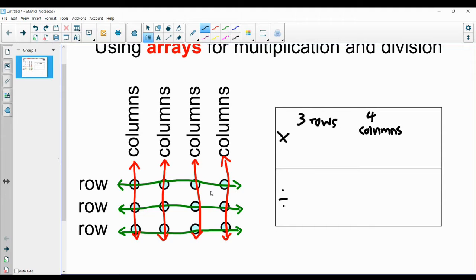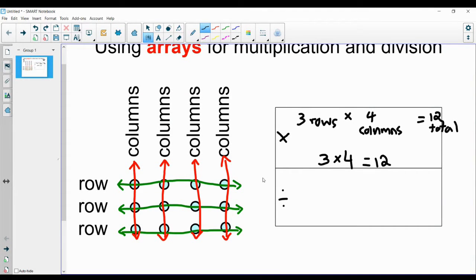All together, that's 3, 6, 7, 8, 9, 10, 11, 12. We have 12 dots in total. So this array is showing us 3 rows times 4 columns is equal to 12 in total. It just showed us that 3 times 4 is equal to 12. Crazy, right?